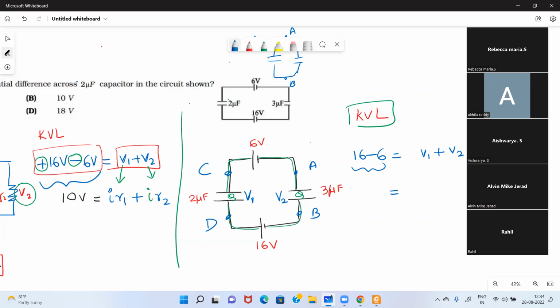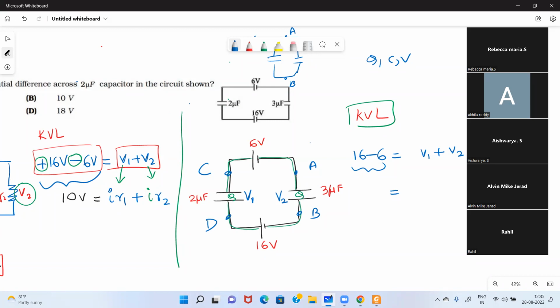What is the relationship between charge, capacitance, and voltage? Q, C, V. What is the relationship between them? I'm waiting for your answer.